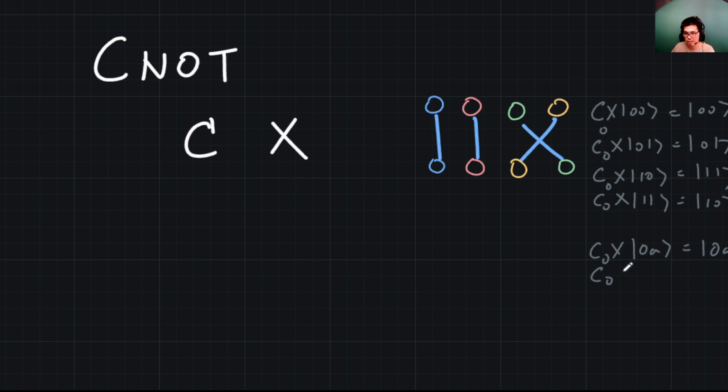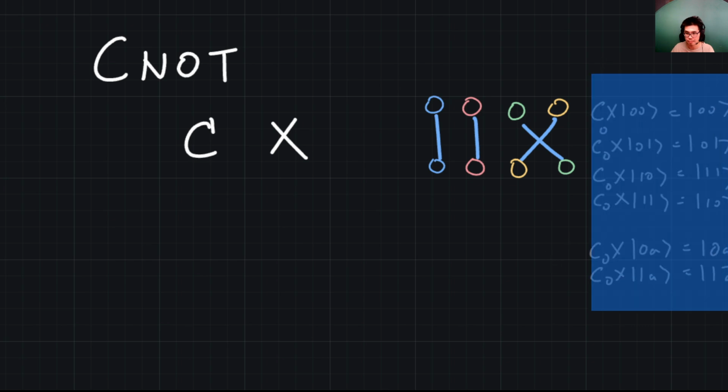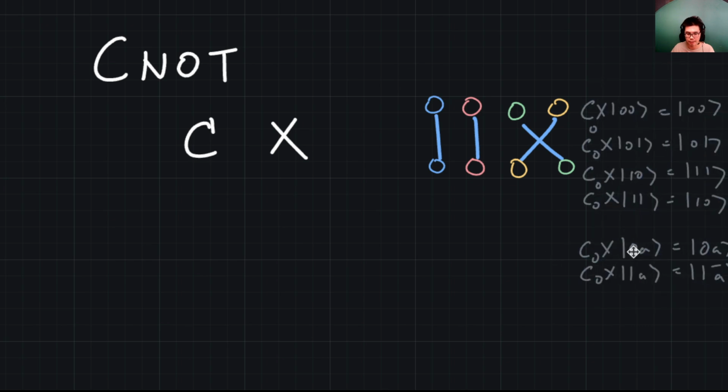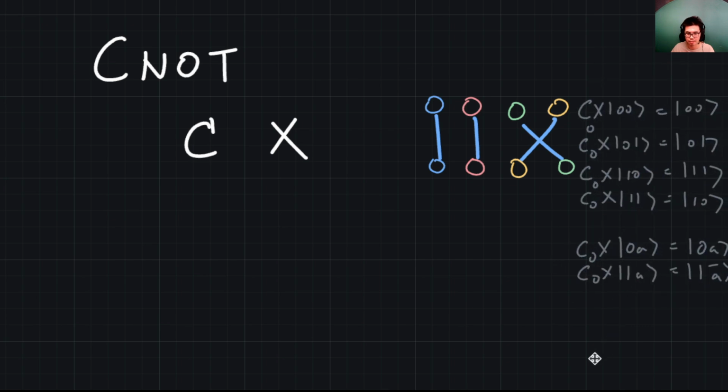Likewise, C naught X of 1A is equal to 1, then not A. So likewise, we have this stuff. Sorry that my writing is a little bit off, but let's move the writing a bit closer.